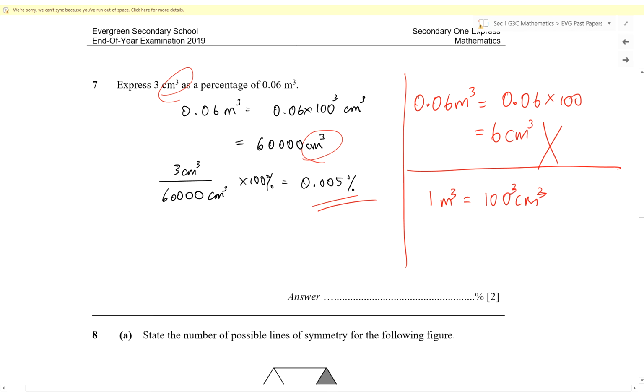Put a 3 over here. Okay? Then this is the conversion. So for example, 0.06 cubic meter will be 100 cubed over 1 times 0.06, and we get 60,000 cubic centimeters.